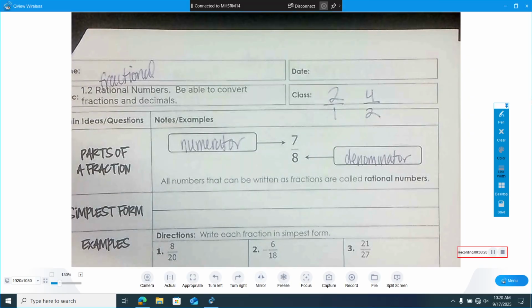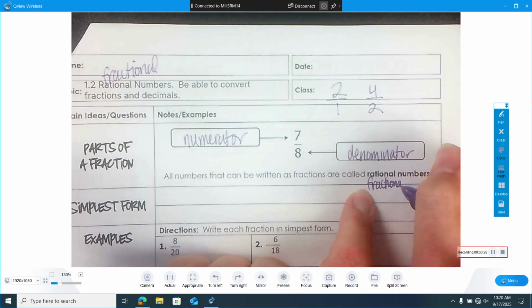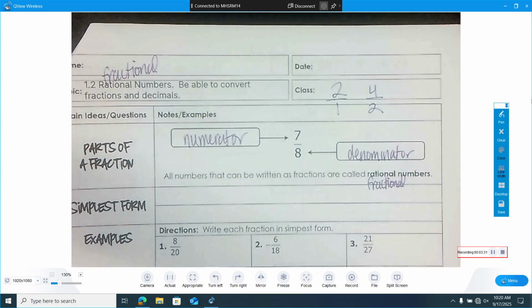Any number that can be written with a numerator and denominator is called a rational fractional number. Rational fractional, okay? I love saying that because I think my entire job as a teacher is to help you remember stuff, and I like rhyming. Rhyming and alliteration, super nice.